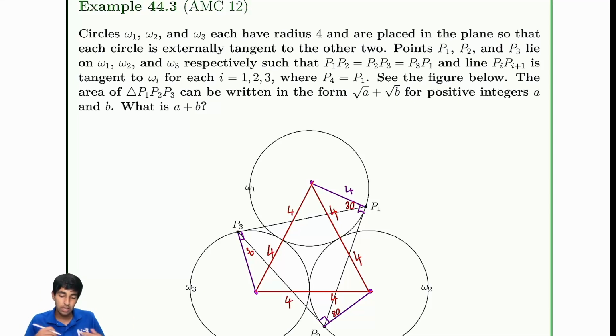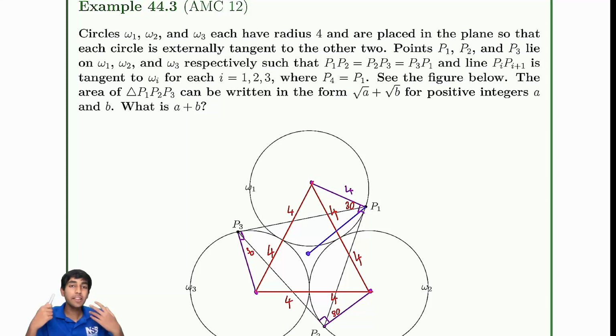Again, we keep switching back and forth. We can't easily find the side length of this triangle, so maybe we find something else that would lead us to it. I mean, take a look at the center of this triangle. This is really the tricky step here. I've tried my best to explain how you would come up with this.